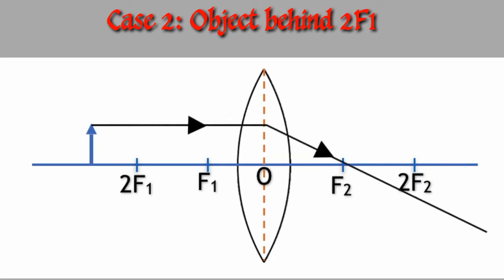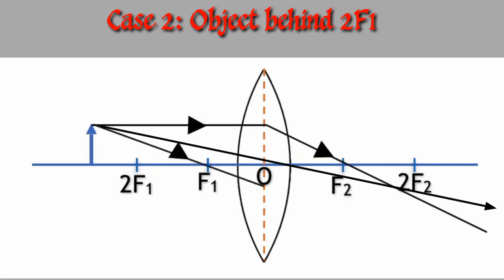And the second one, we can consider the light ray which is directed towards the optic center, that moves without any deviation or without any change. Then we can obtain the image. That means the refracted light rays intersect at a point, and just join that point with the principal axis, that gives the image.